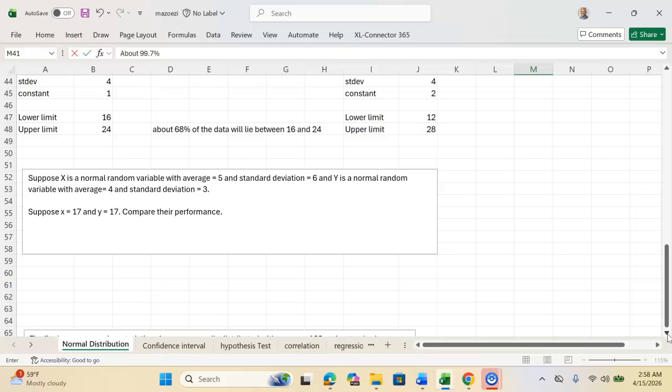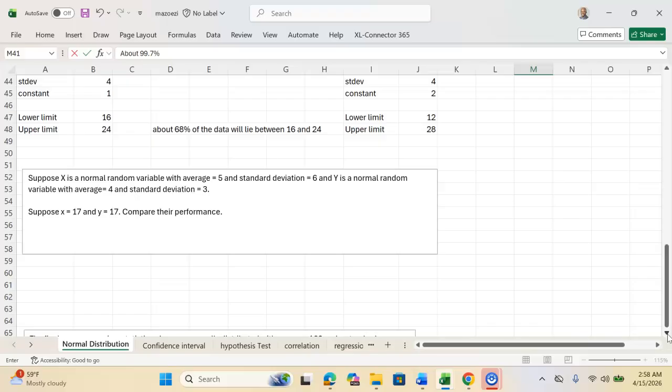So the next question says, suppose X is a normal random variable with average 5 and standard deviation 6. And Y is another normal random variable with average 4 and standard deviation 3. So suppose X equals 17 and Y equals 17.